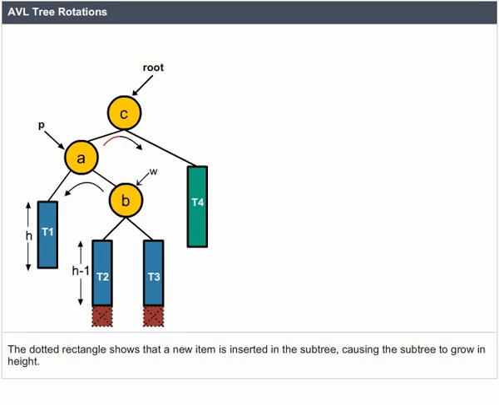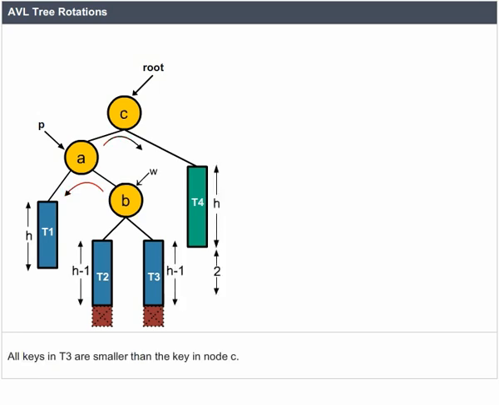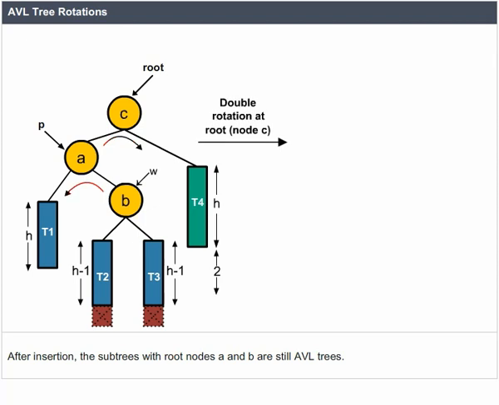All keys in T3 are smaller than the key in node C. All keys in T3 are larger than the key in node B. All keys in T2 are smaller than the key in node B. All keys in T2 are larger than the key in node A. After insertion, the subtrees with root nodes A and B are still AVL trees.